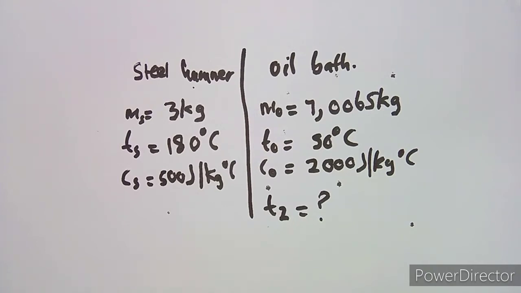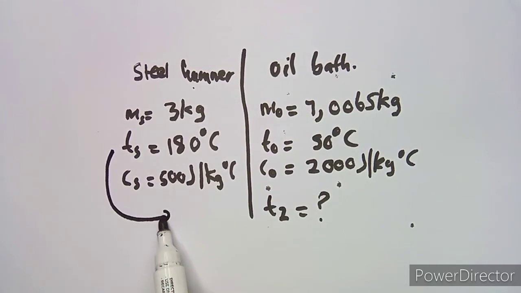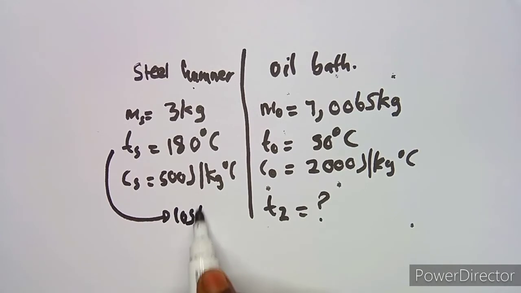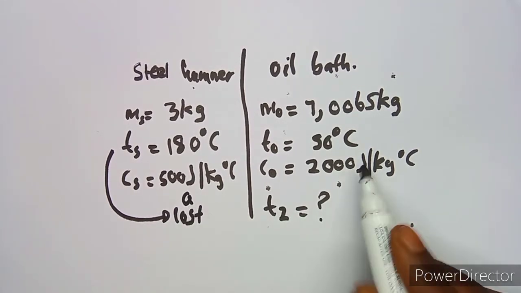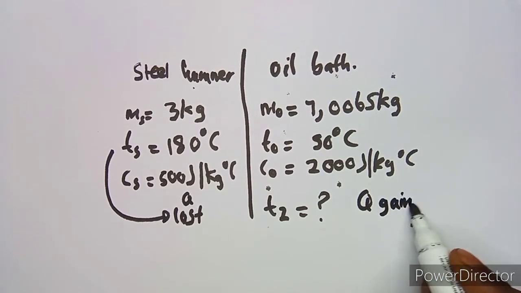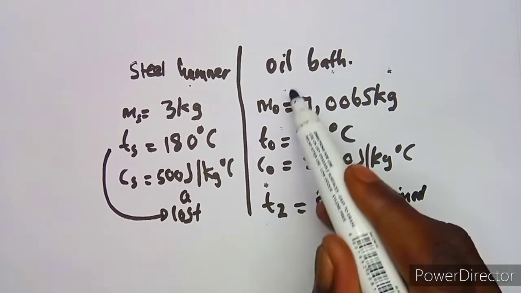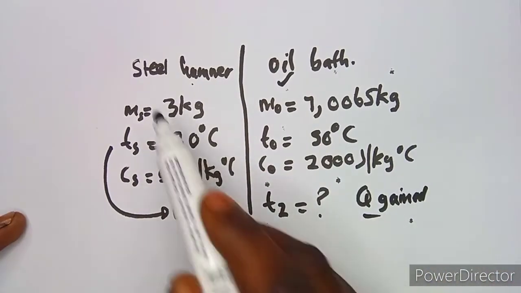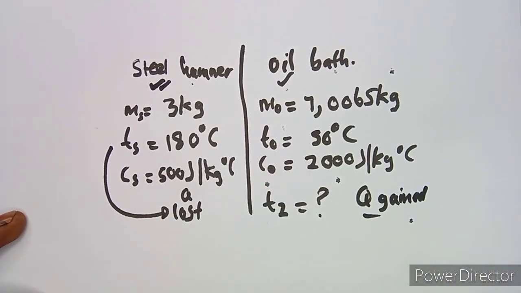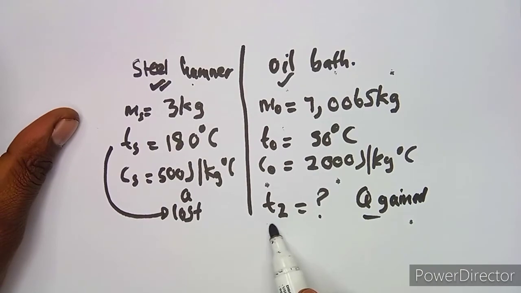Here it is the steel that is going to reduce its temperature, so it's going to lose heat, and the oil bath is going to gain heat. This is the relationship that you're going to use to calculate the value of T2.